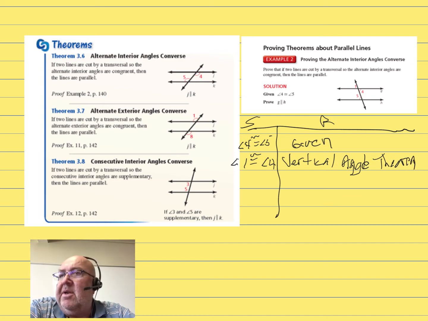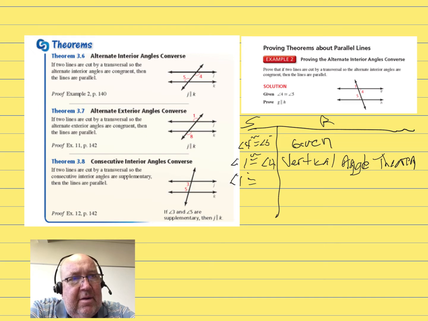Likewise, we know that angle 1 is congruent to angle 5 because of corresponding angles.